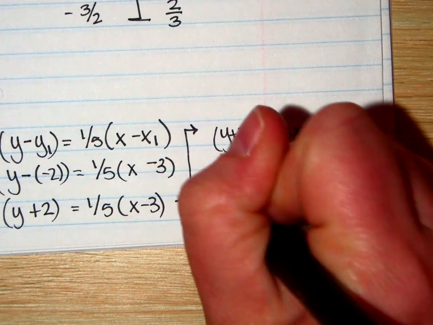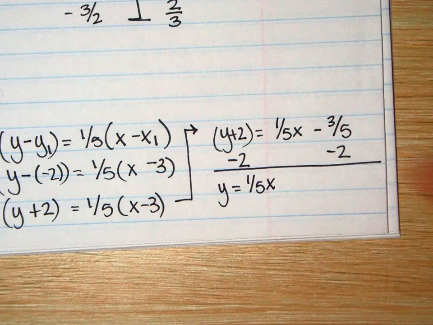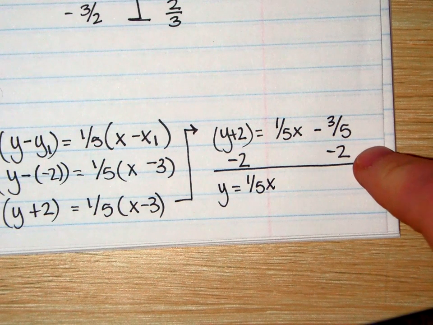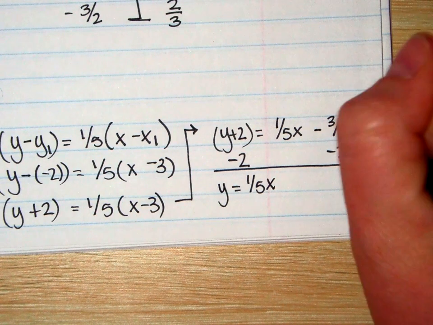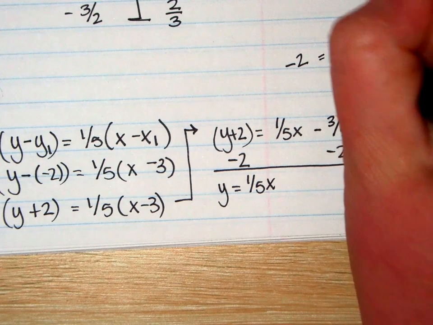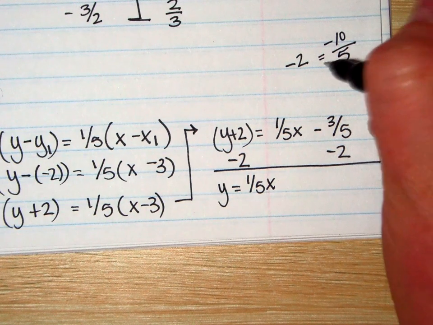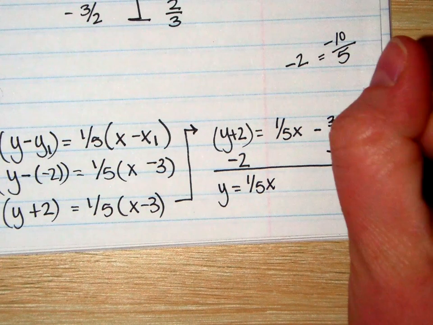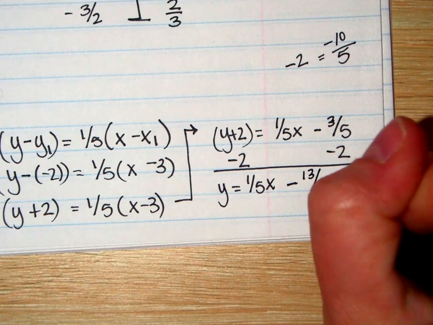Y equals 1/5 x, -3/5 minus 2. In my calculator, I can do it. I do not have that on me at the moment. So -2 in fifths would equal -10/5, because -10 divided by 5 gets me -2. So -3 minus 10 would be -13. And this would be my new answer.